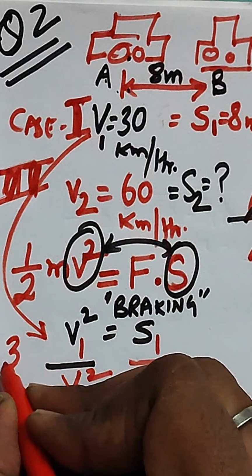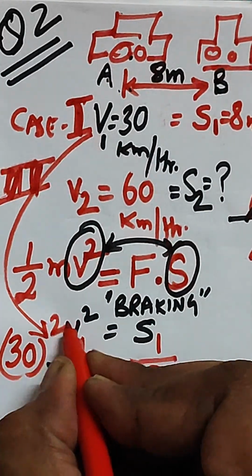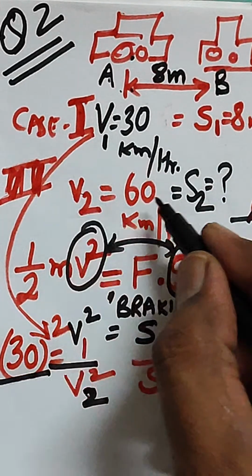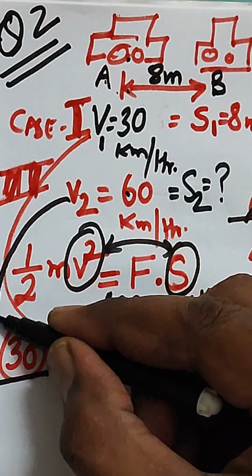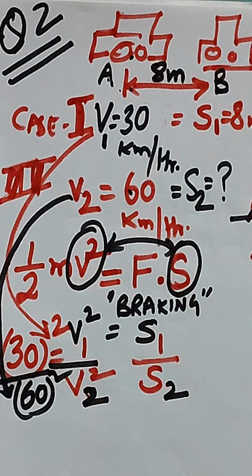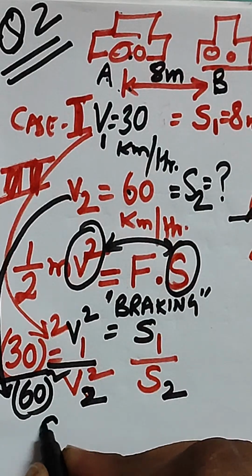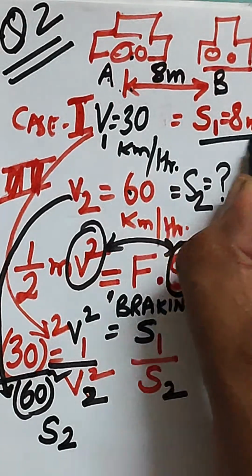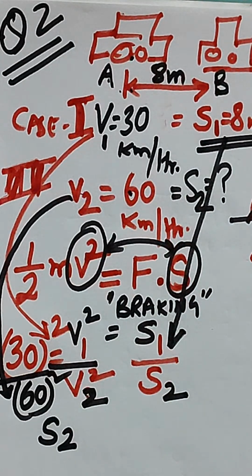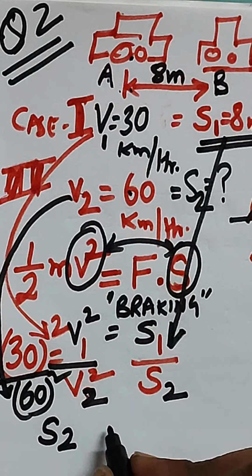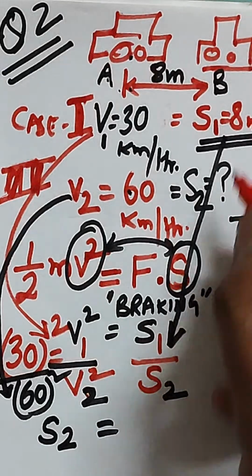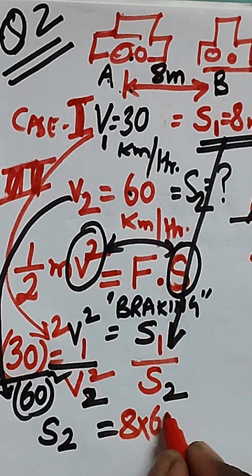So this will give you 30 square over 60 square. Because S1 is known to you as 8 meter, just put it over here. Then S2 can be written as S1, that is 8 meter, into 60 into 60.